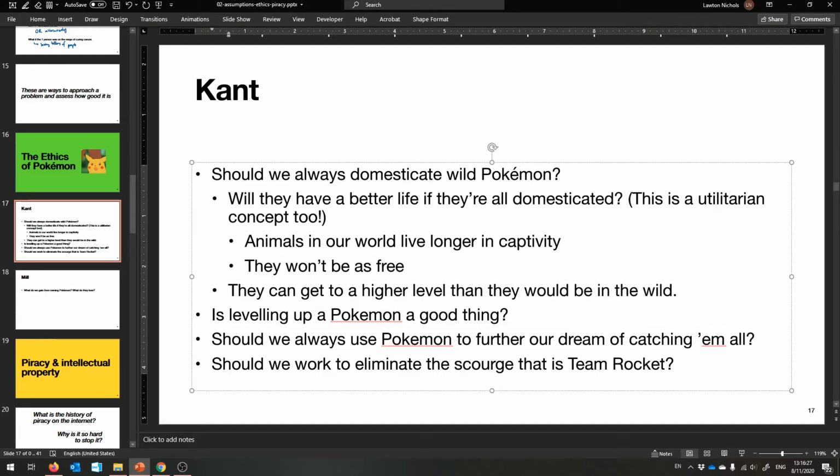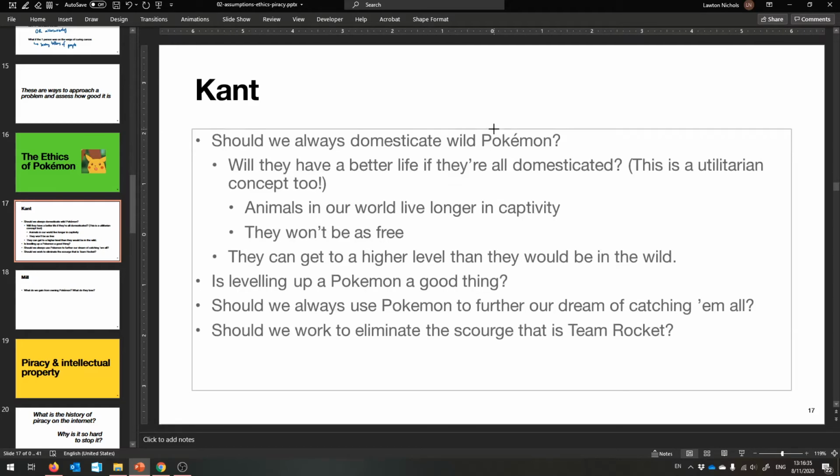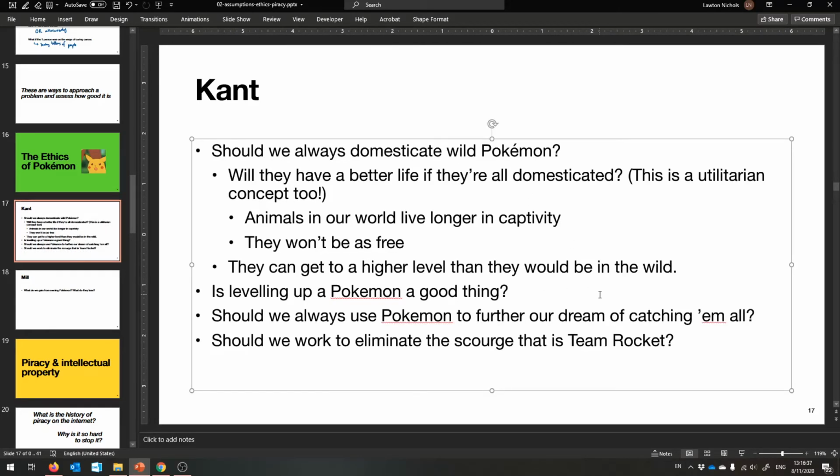And is that helpful? Is that furthering the Pokemon's interest to be leveled up? That's a question. Maybe they want to make themselves better, self-improvement at the Pokemon level.